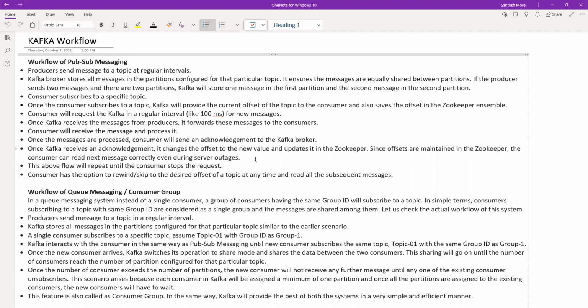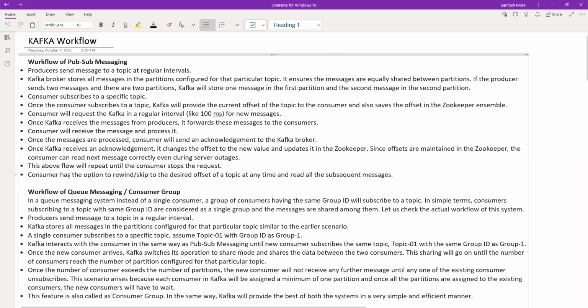Even if there is an outage, both come back again. Zookeeper will always remember the position of the offset in a partition where the consumers were earlier, so it can always start from that position. The above flow repeats until the consumer stops the request.